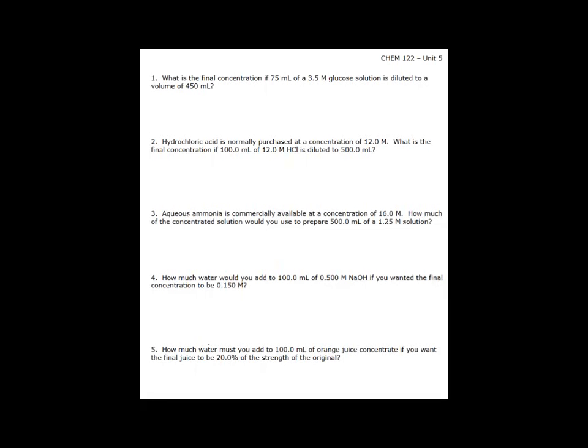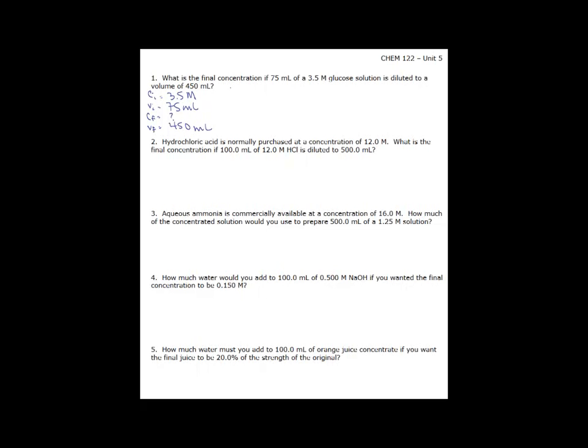All right, so number 1, set up your table. So CI is 3.5 molar, VI is 75 milliliters. We don't know CF, and we do have the final volume.